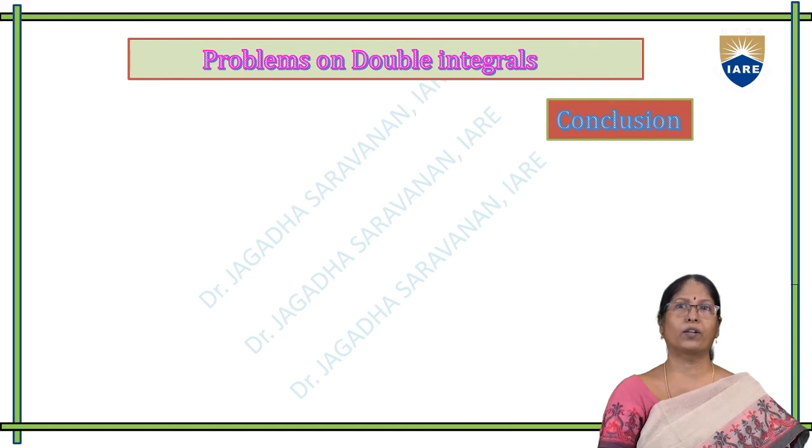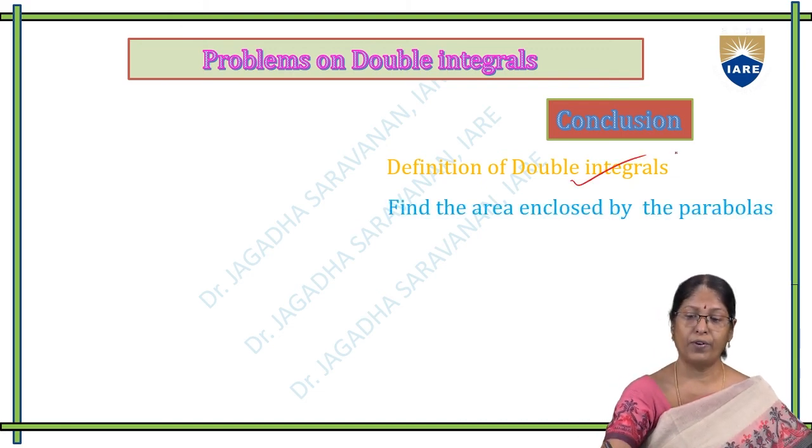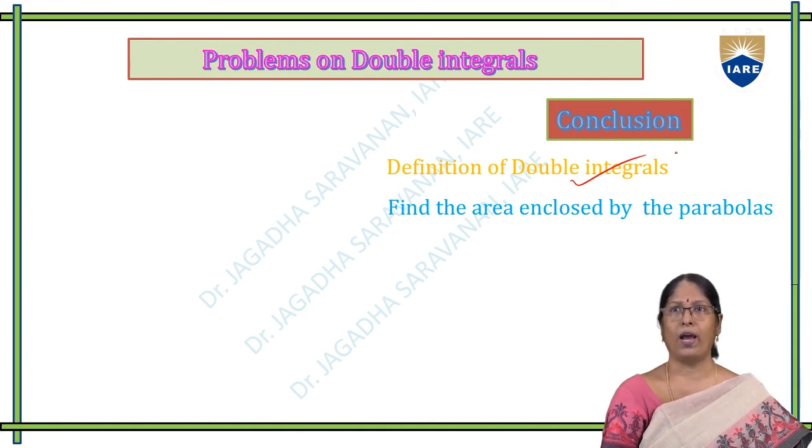So we will come to a conclusion of this topic, problems on double integrals. First, initially we discussed the definition of double integrals, and in the definition, Cartesian form and polar form we discussed.